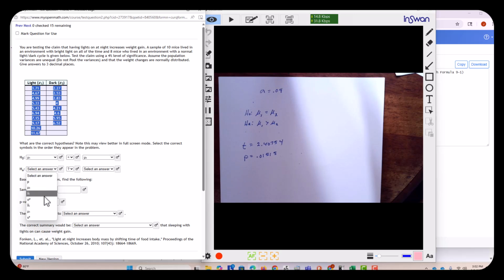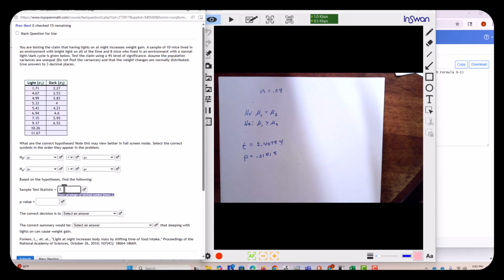Mu sub 1 is greater than mu sub 2. How many decimal places? 3. 2.408. 0.015.